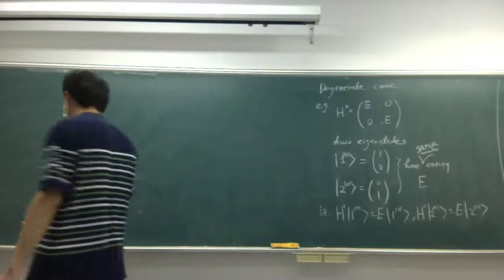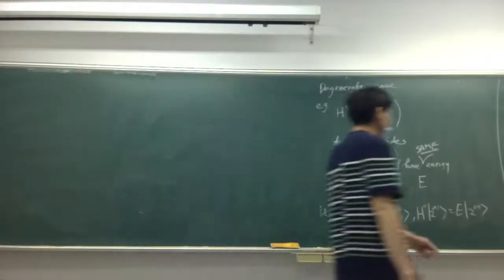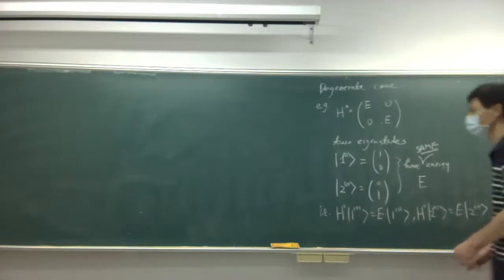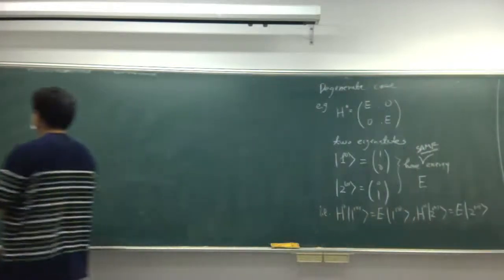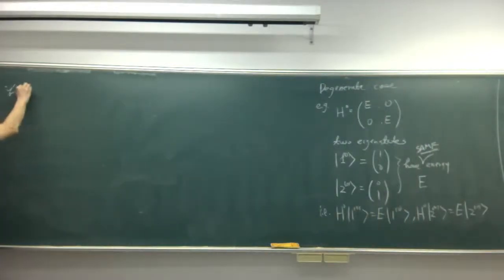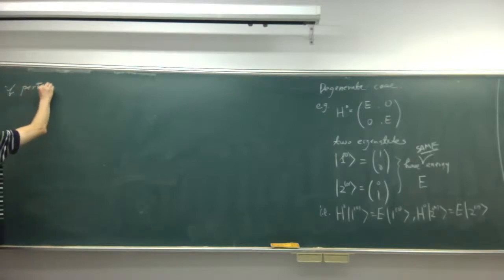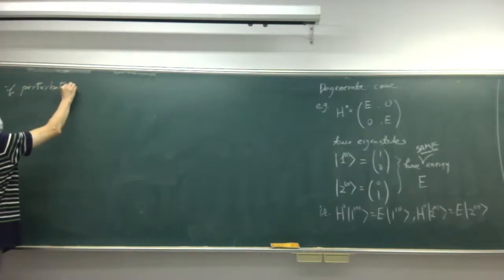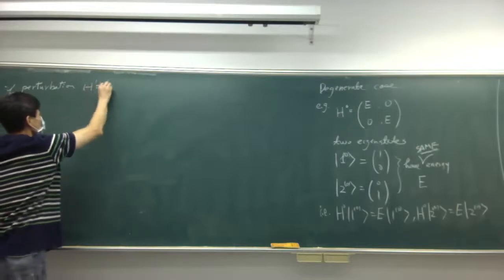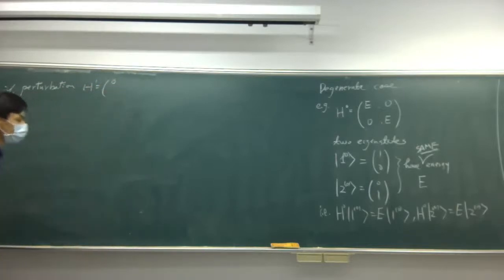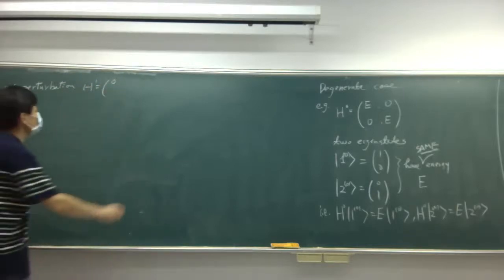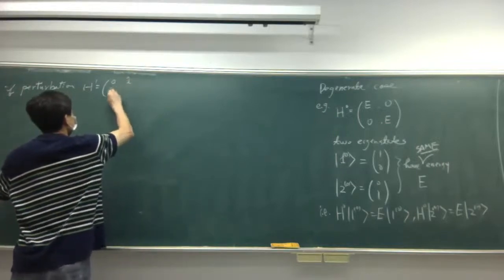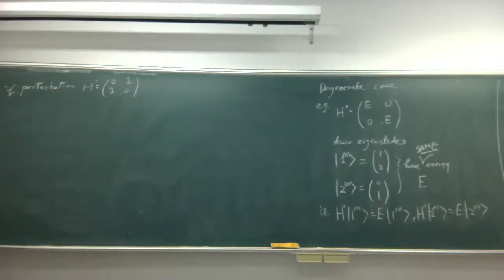Now, if we add a perturbation, for example H1 equals 0 lambda, lambda 0, where lambda is added.